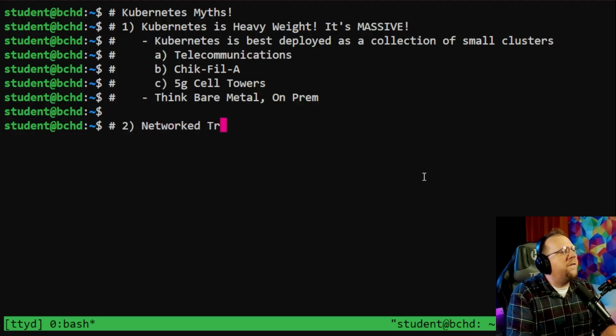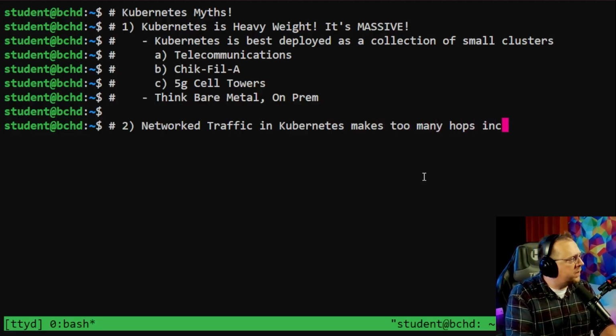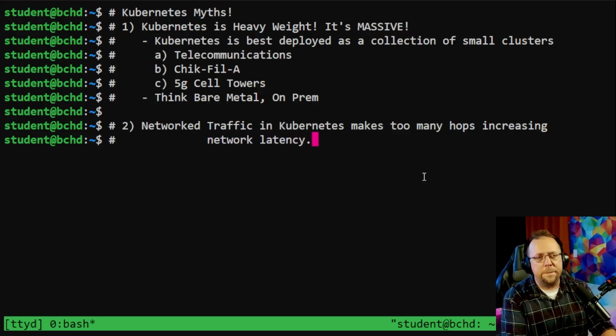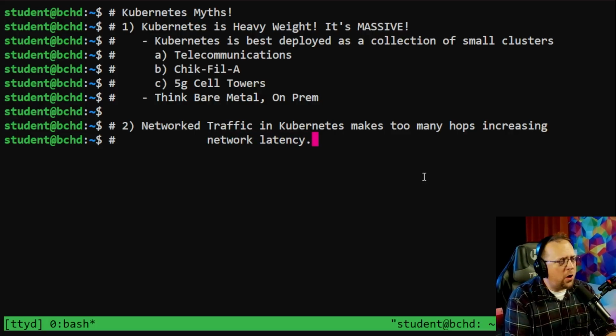Network traffic in Kubernetes makes too many hops, increasing network latency. Interesting. That is an interesting thought.